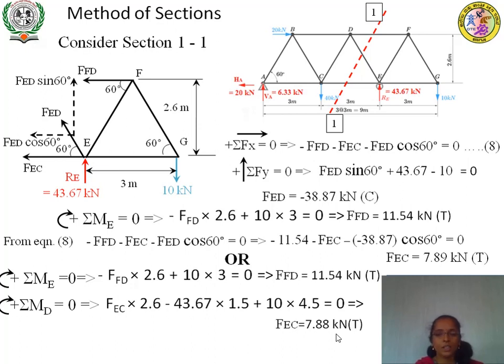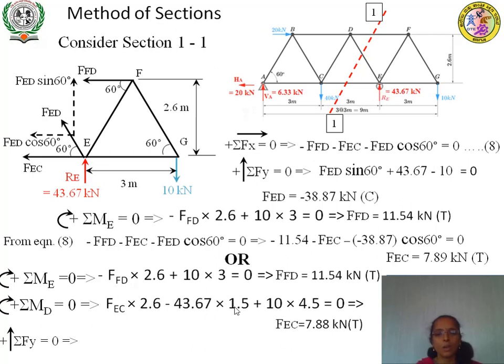Next either you can apply this equation to obtain FED, or you can consider which one you need, ED. ED is this one. To obtain that you can consider moment at F is equal to 0, any point. Then we can find ED.